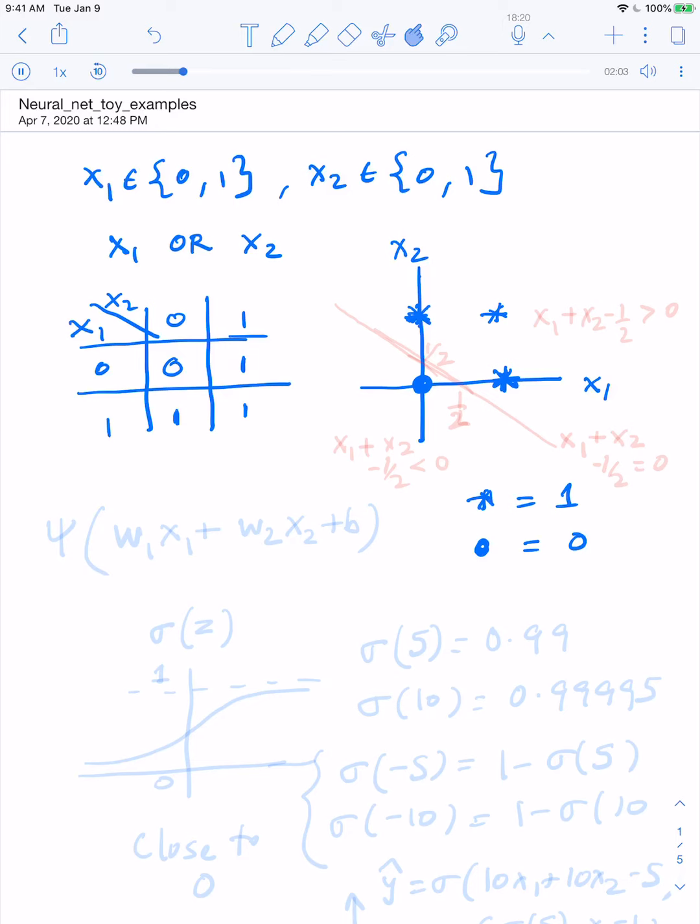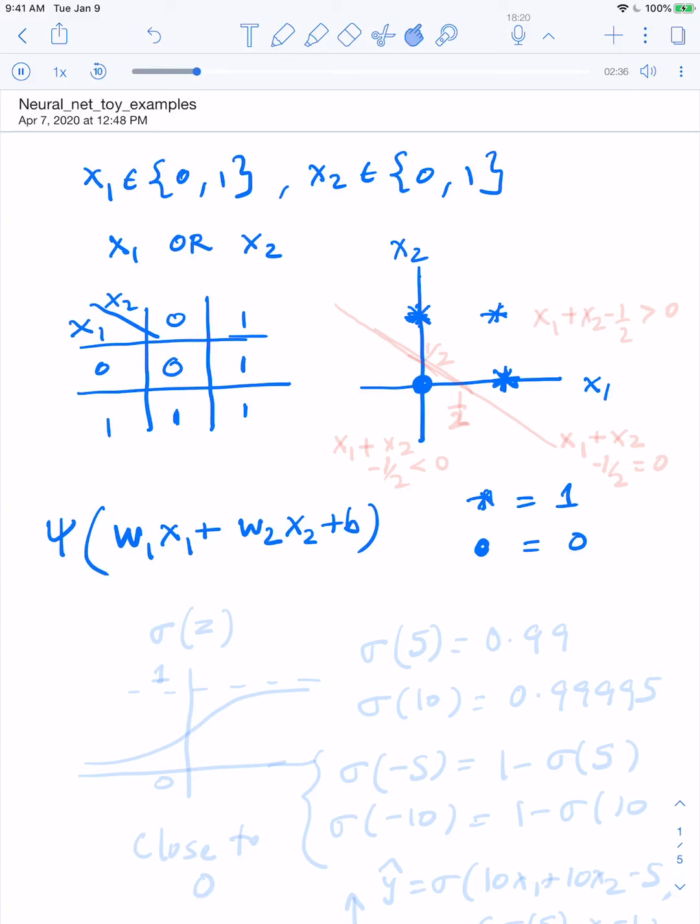And then I can ask, okay, can a neural network do that? So if I look at just a single neuron, what can it do? It can do something like W1 x1 plus W2 x2 plus bias through some nonlinearity psi.